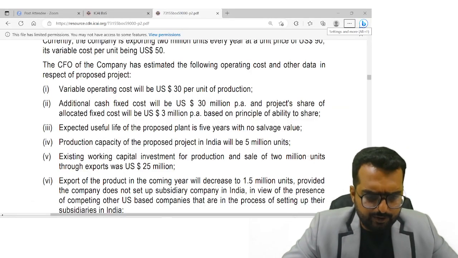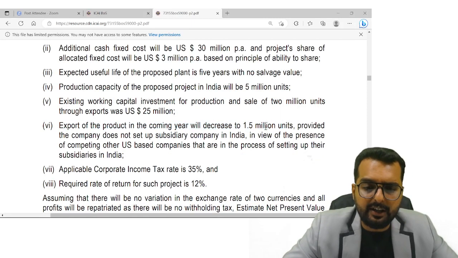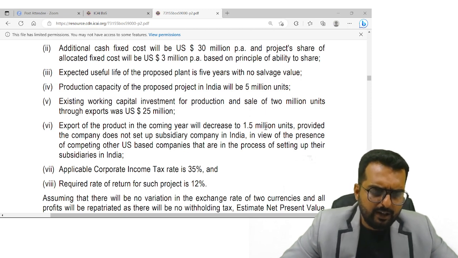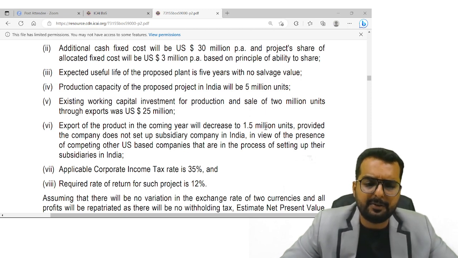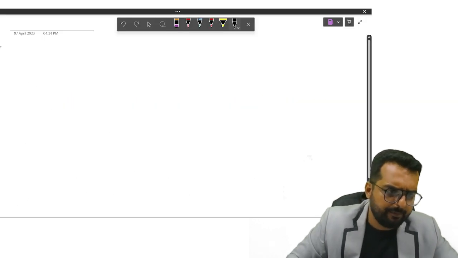It's a very long question. Export of the product in the coming year will decrease to 1.5 million units, provided the company does not set up a subsidiary in India. The sentence is beautiful. We'll write down this in detail.